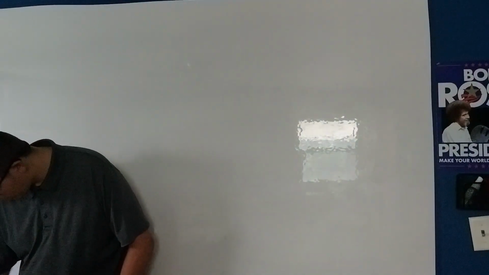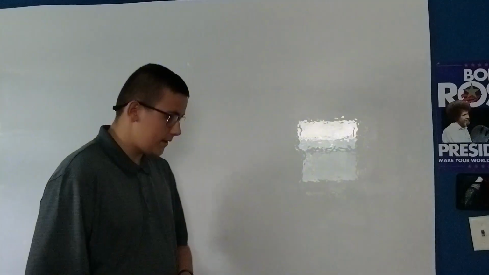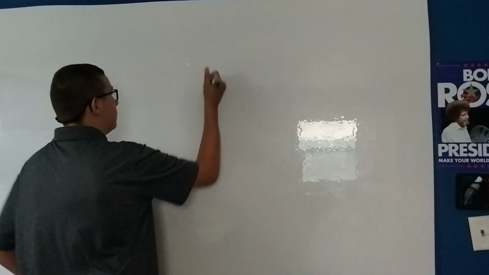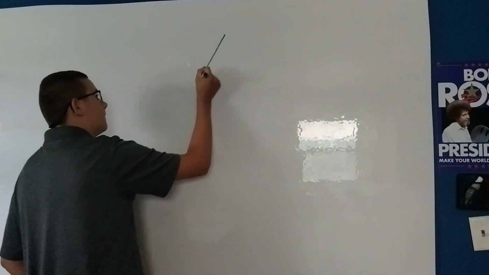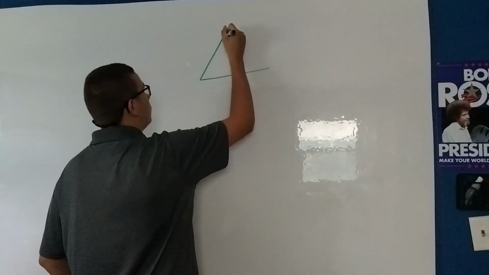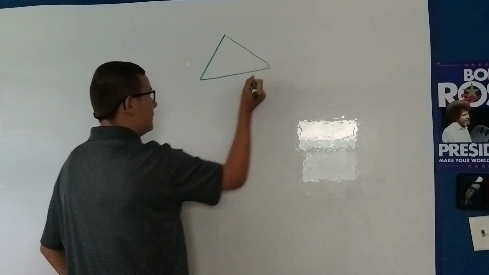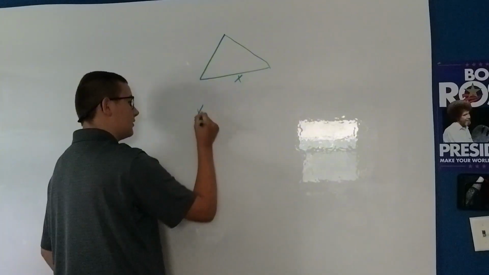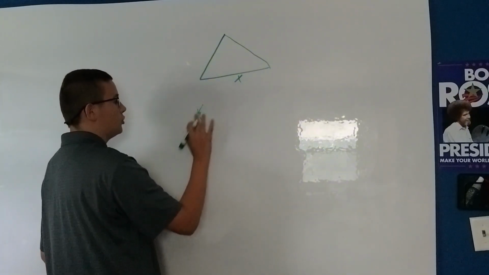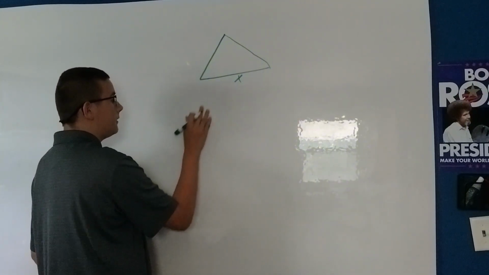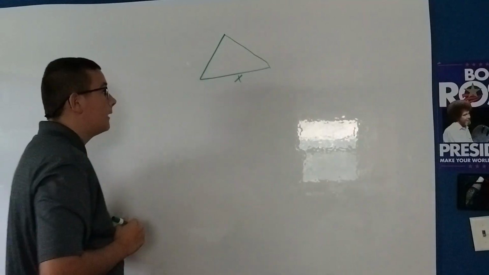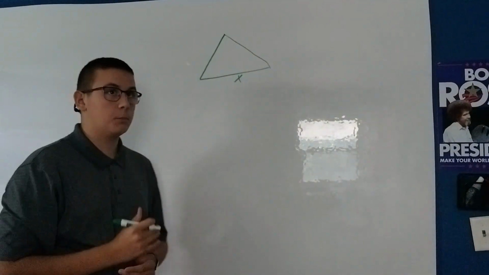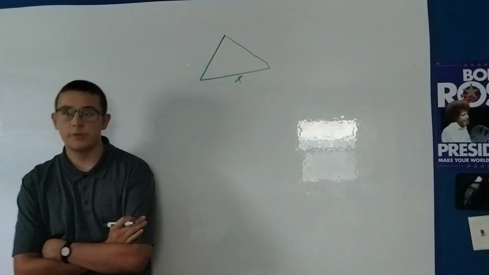But really, all that means is that if we have a triangle like this, it means that this side here, we'll call this x, x can't be any larger than these two sides right here.